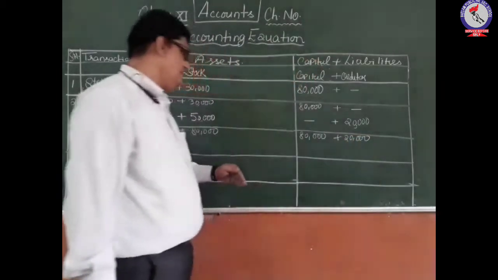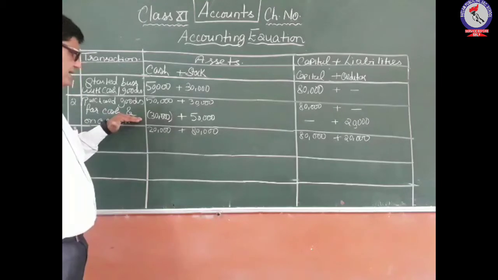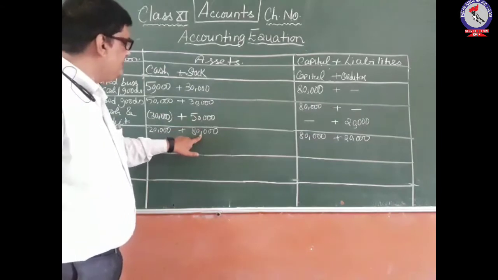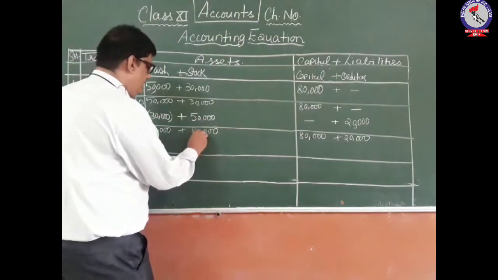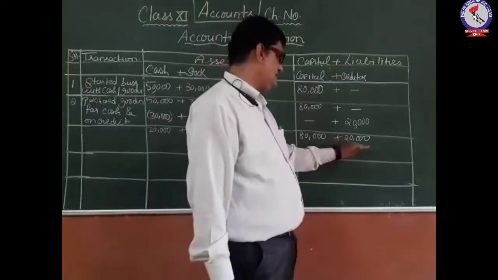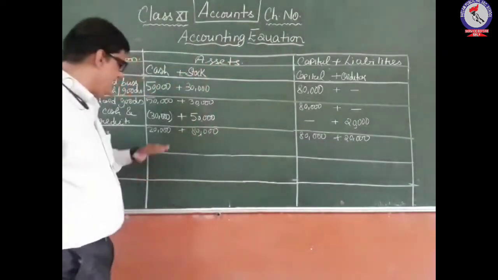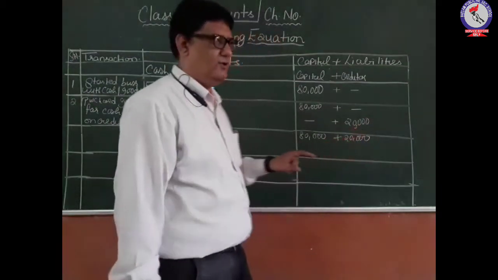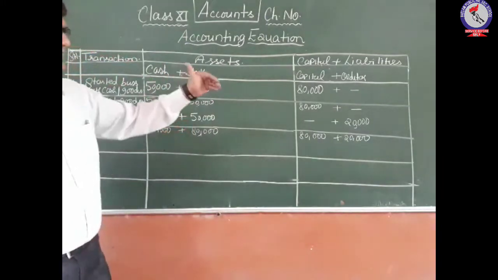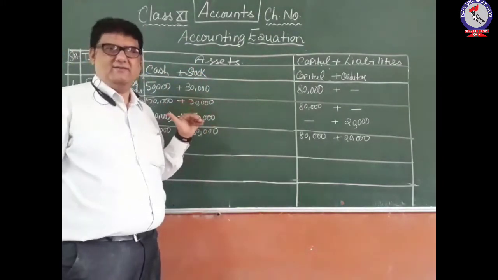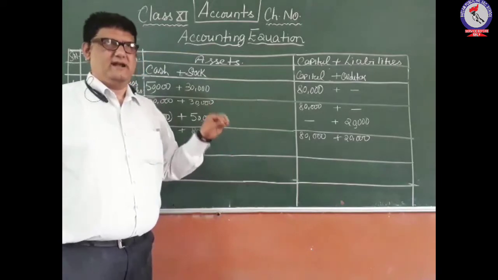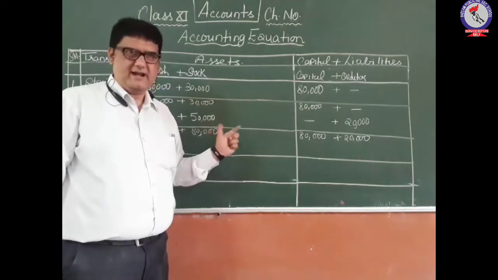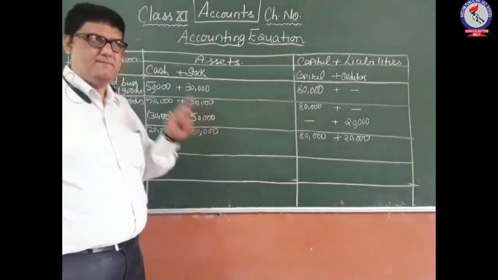So after this equation, the cash balance was 20,000, stock moved to 80,000, and then capital 80 as well as creditor 20. The total of both sides is 20 and 80, 1 lakh, and 80 plus 20, 1 lakh. So assets of 1 lakh as well as liabilities of 1 lakh. This says that after every transaction we have to check the total. The total of the asset side and liability side should be the same.